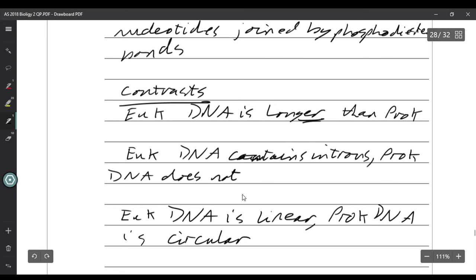So the important thing when you're contrasting is you've got to use language that is a comparison to the other thing and talk about how the other thing is different to the aspect that you just mentioned.